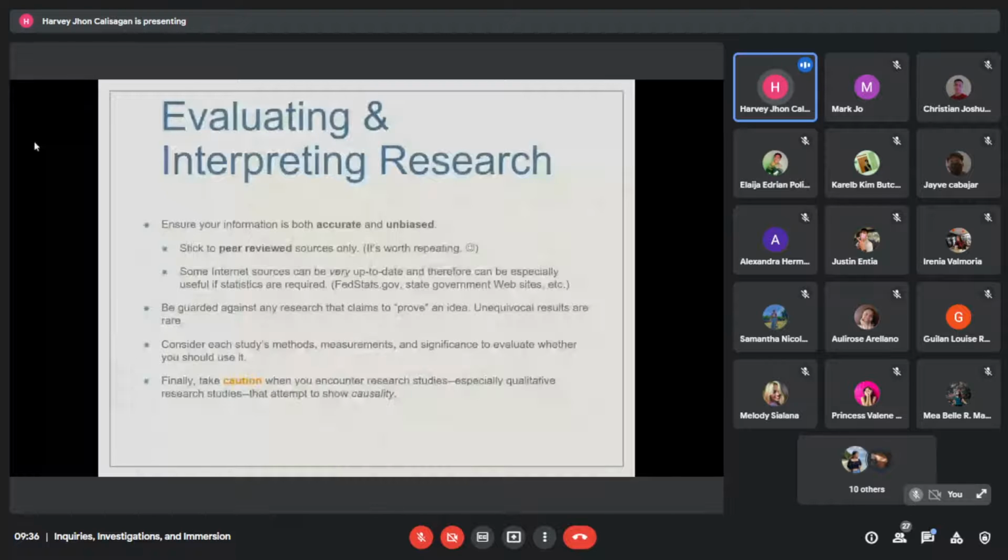One of the common things that other researchers will do is include the place or the reference.